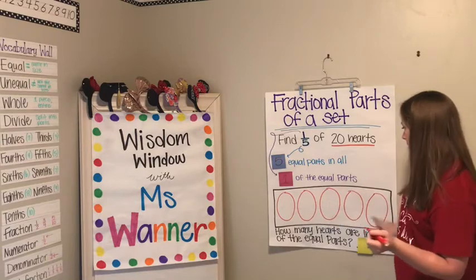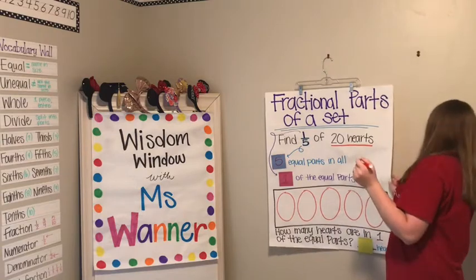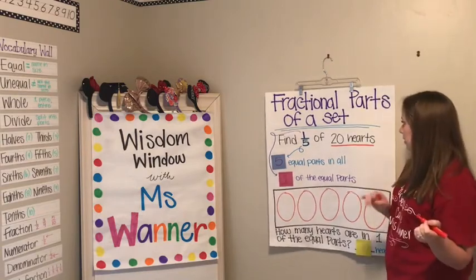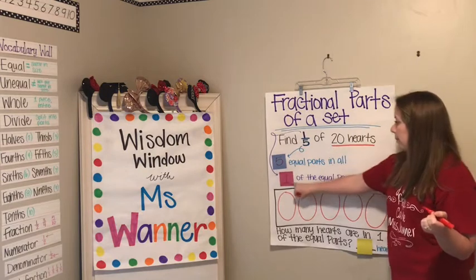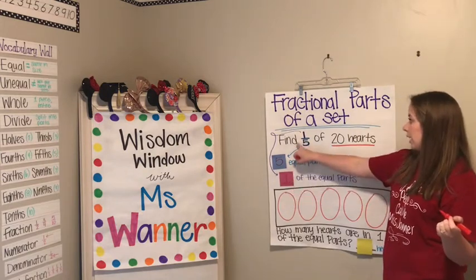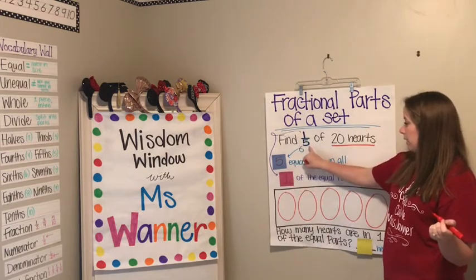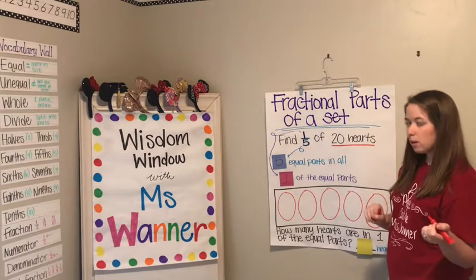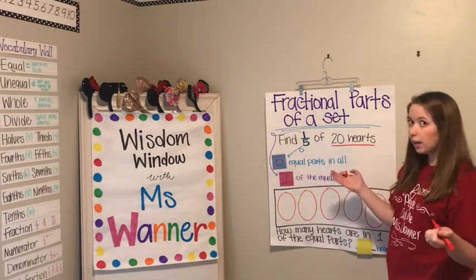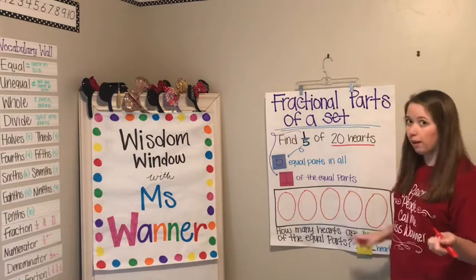So I have 5 sets drawn out. And now we need to figure out my answer of 1/5 of 20 hearts. So, like what we did outside, I'm going to divide 20 hearts into these 5 boxes.